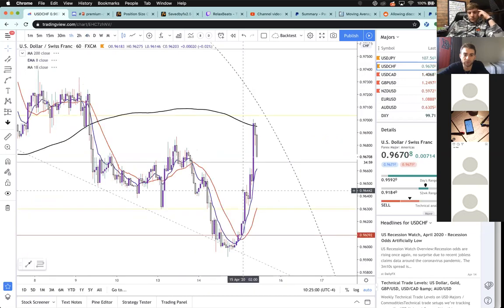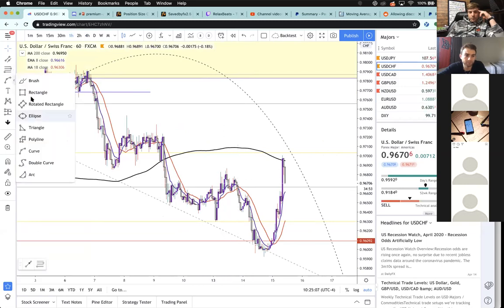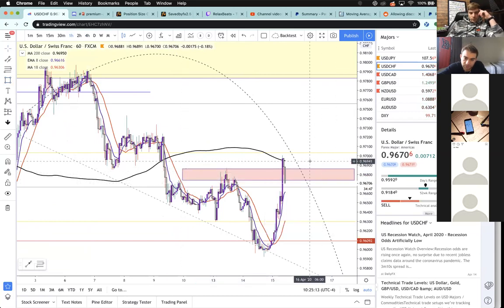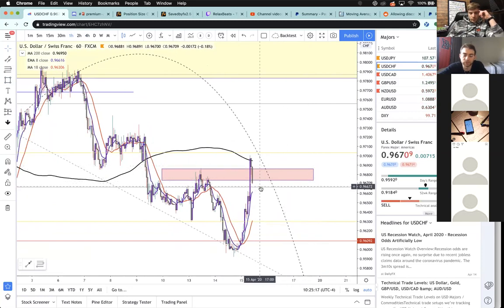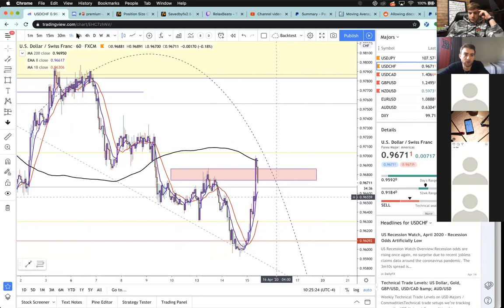But on the 1-hour, we're testing this level right here, which is significant. So we have to see how this closes below. If it respects this level, we could potentially get more of a sell-off right off of here.